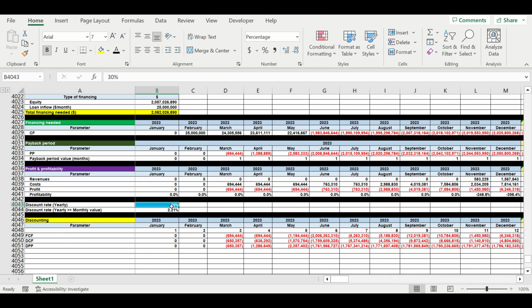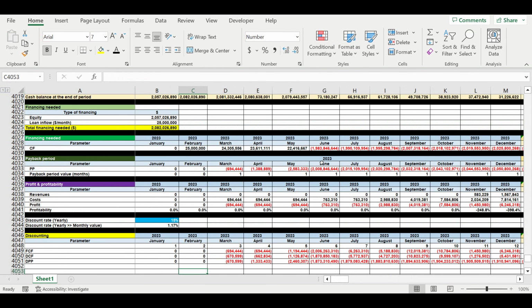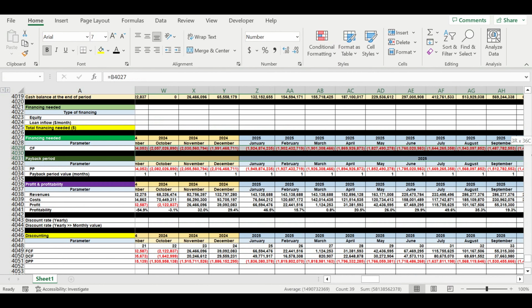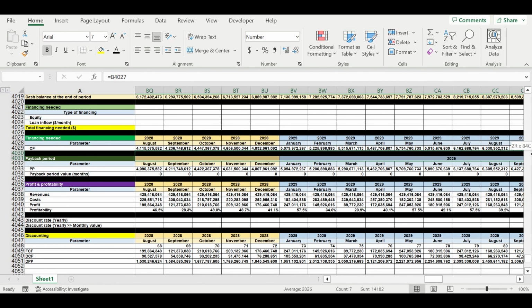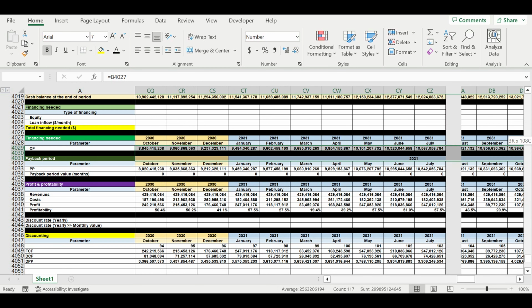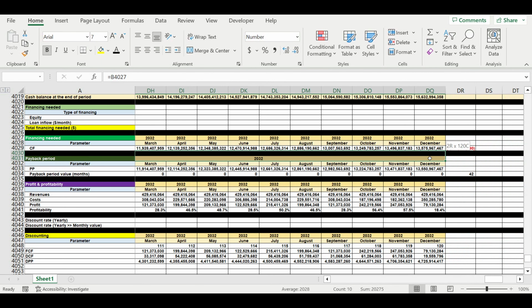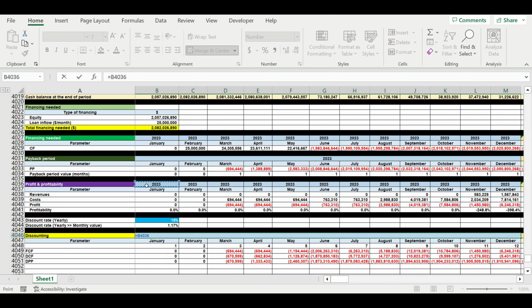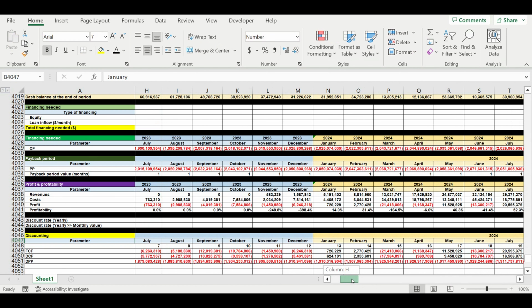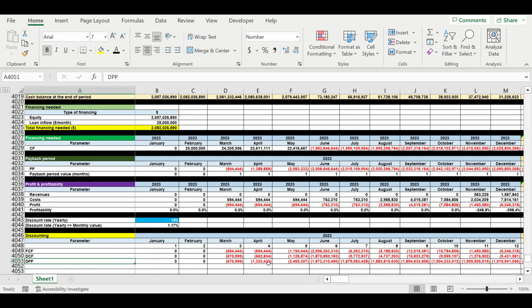And now we can create a diagram from this line. Let me just copy the timeline from here to save us a bit of time. So now I will take this line and create a diagram from this line.